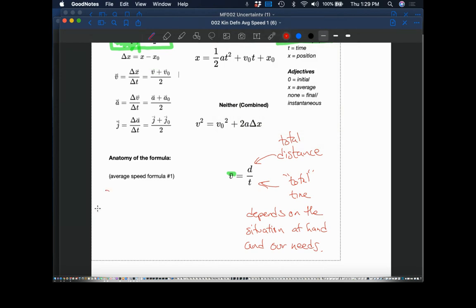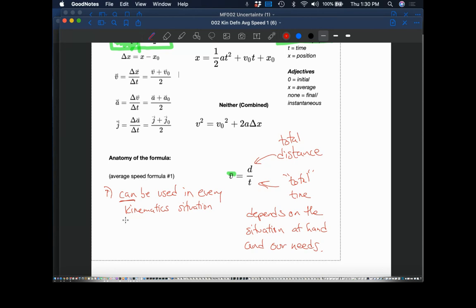One, this can be used in every kinematic situation. It may not give us an answer that we need or that we're looking for, but it can be used.